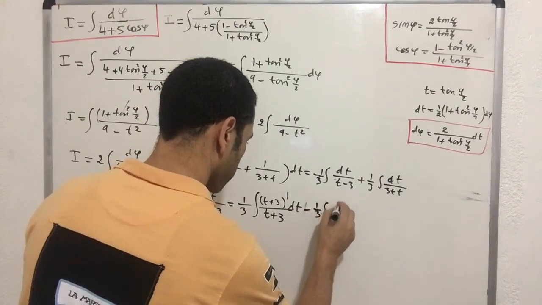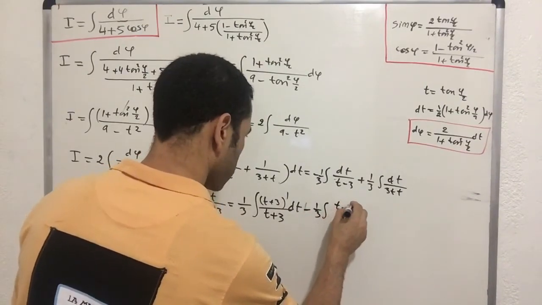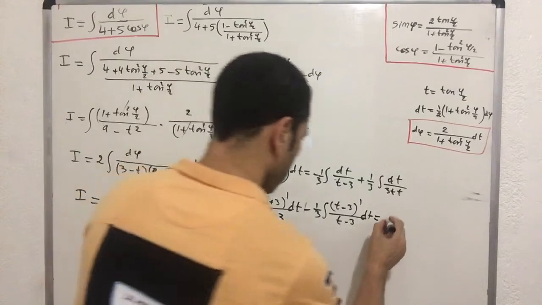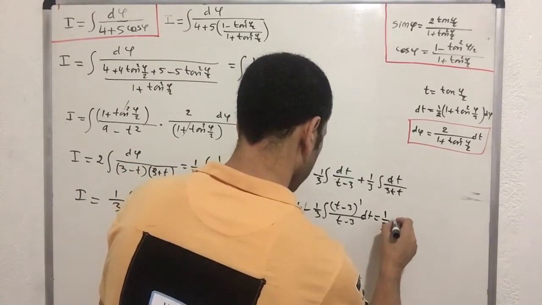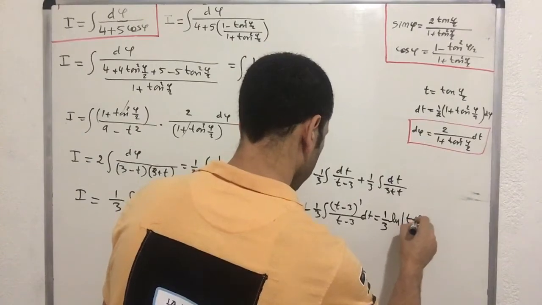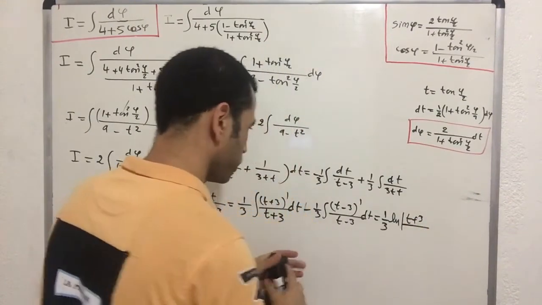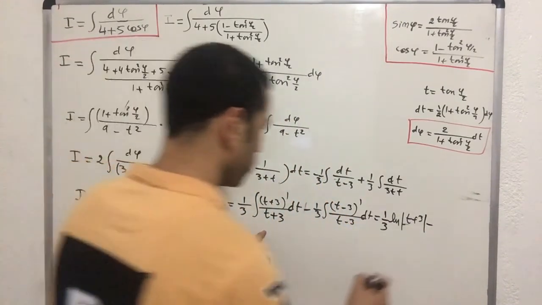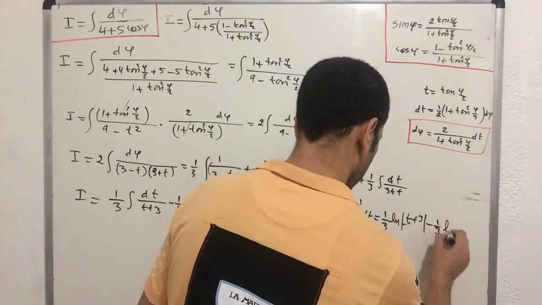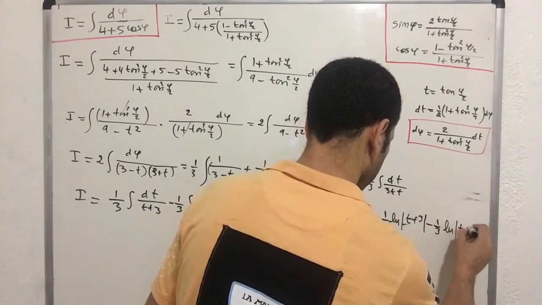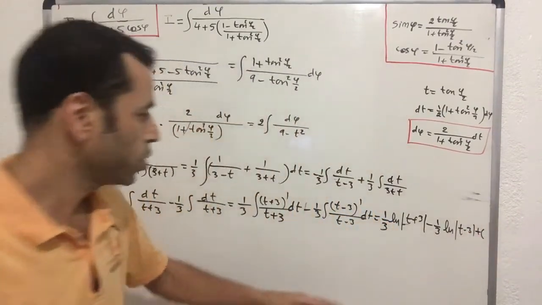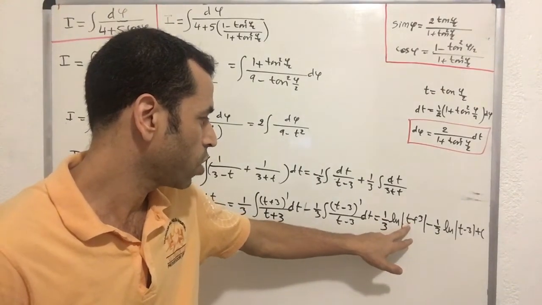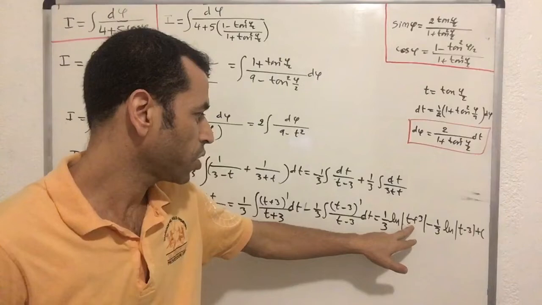That gives 1 over 3 natural log of the absolute value of t plus 3 minus 1 over 3 natural log of the absolute value of t minus 3 plus a constant. I'm using the absolute value because the natural logarithm has to be positive inside, not including 0.